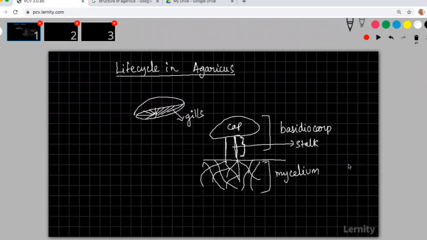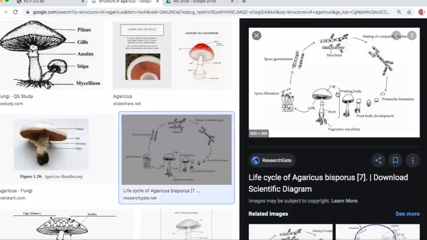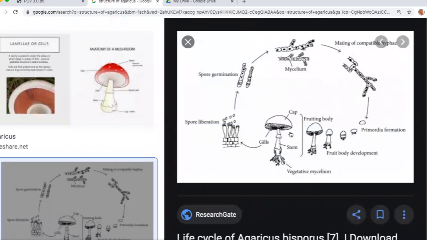So how it reproduces is the question. This is the structure. So we will try to study about reproduction in Agaricus. Children, please listen here. First of all, you have a fungus.